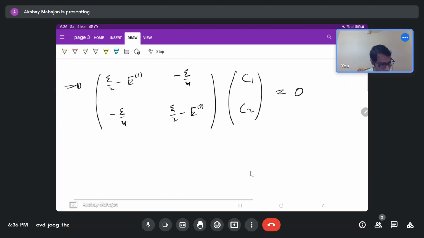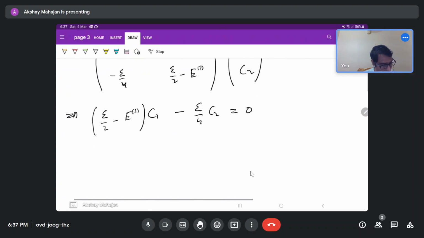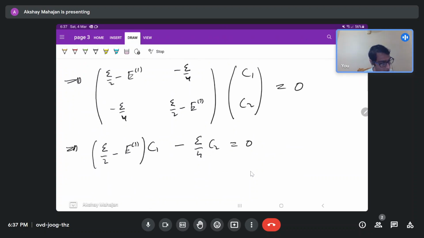So just multiply it out. One equation that we get is epsilon by 2 minus E1 times C1 minus epsilon by 4 times C2 equals 0.